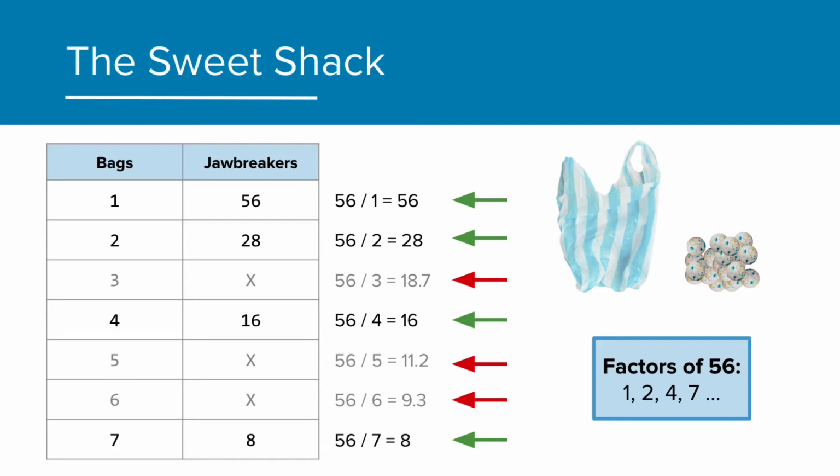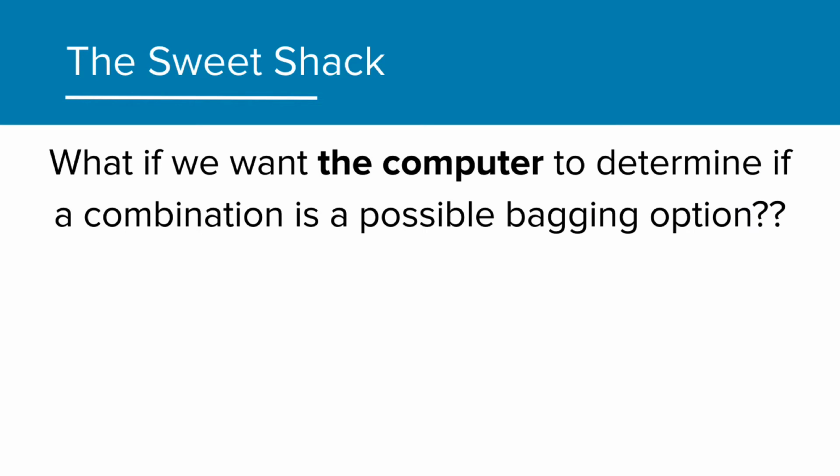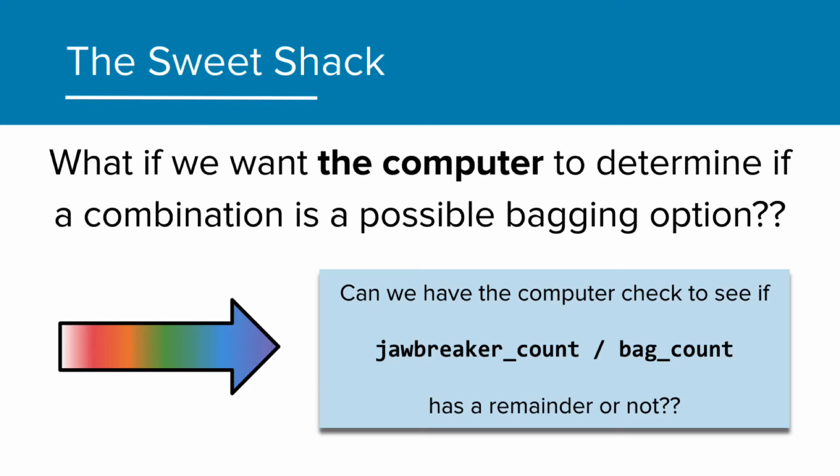This is great, but it's still a lot of manual calculations that we have to do to determine all the factors. So here's the question. What if we want the computer to determine if a combination is a possible bagging option automatically, without needing a human to look for a remainder? Can we have the computer check to see if the calculation jawbreaker count divided by bag count has a remainder or not?